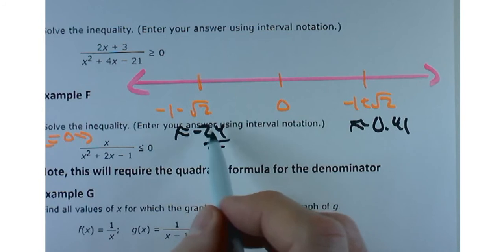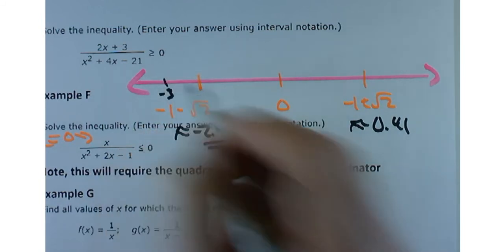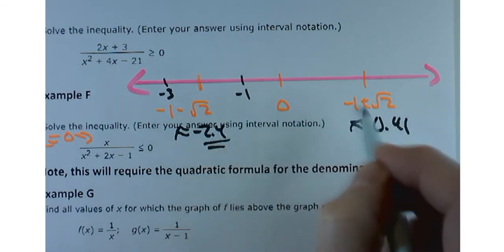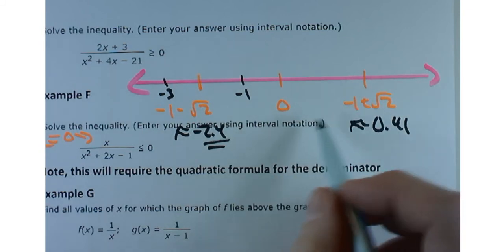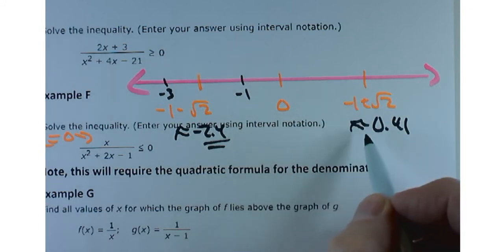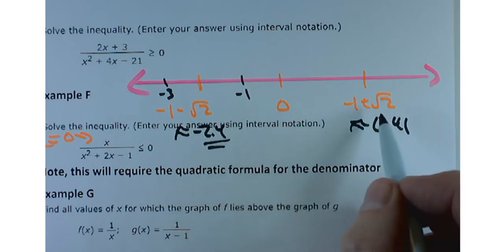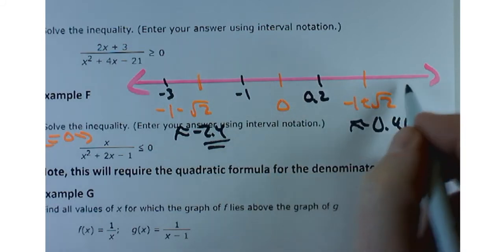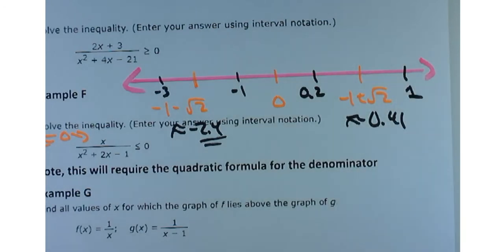Something to the left of this would be, say, negative 3. And then something between these two, maybe negative 1. And then, you've got to be kind of careful here. What am I going to choose between 0 and this? Sure, 0.2. And then over here, I can just choose 1. That'd be fine.